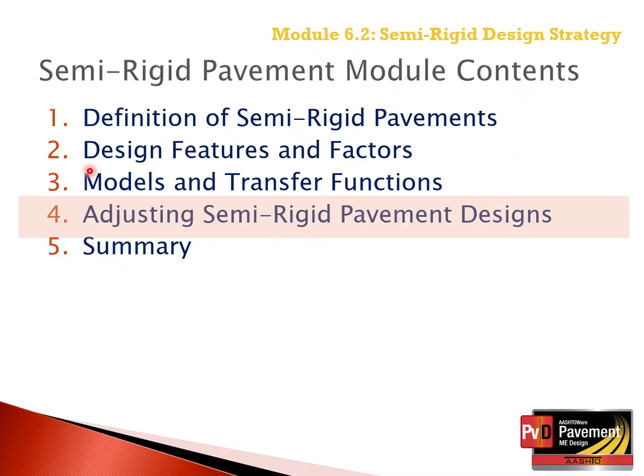So, adjusting semi-rigid pavement designs. We'll start with a brief review, like we did for flexible pavements, of what we should be adjusting when we get a design that doesn't pass the reliability level or the distress criteria for a specific design.